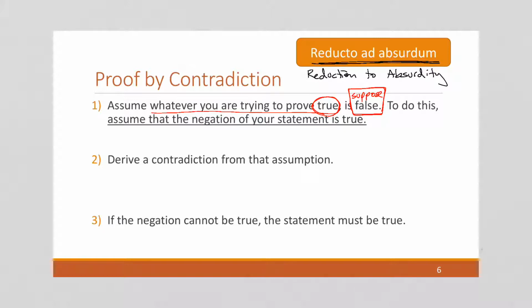Well, recall the negation. If we're trying to prove a universal conditional statement, that's what we're trying to prove true, we're going to suppose it's false. Well, what's the negation of that? If you recall back to Module 2, the negation of this is an existential statement.